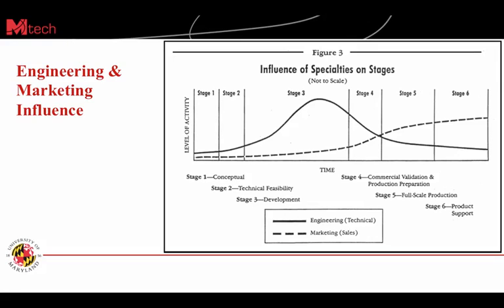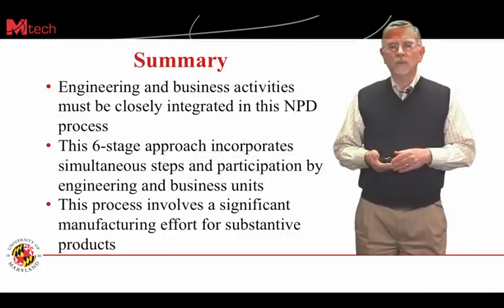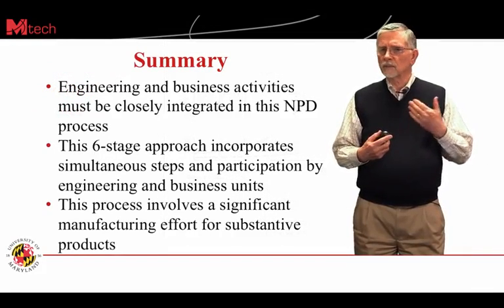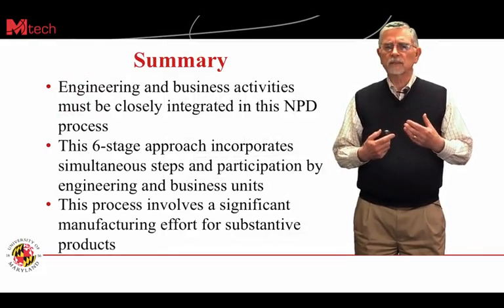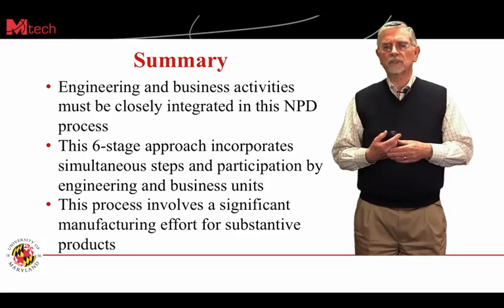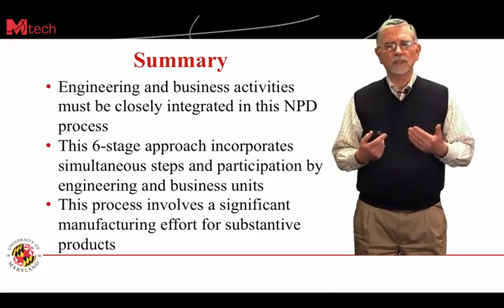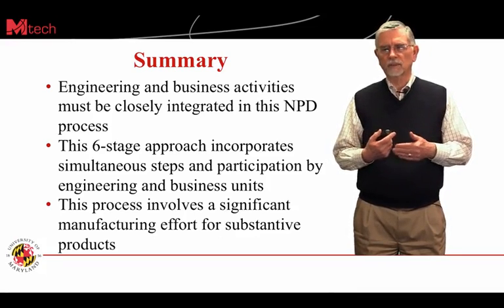And you can see that a lot of time goes into development, so there's a lot of internal activity that happens inside of an organization that is devoted to actually development of that new innovative product. So in summary, this new product development process is a combination of engineering and business activities that have to be closely integrated in this process.